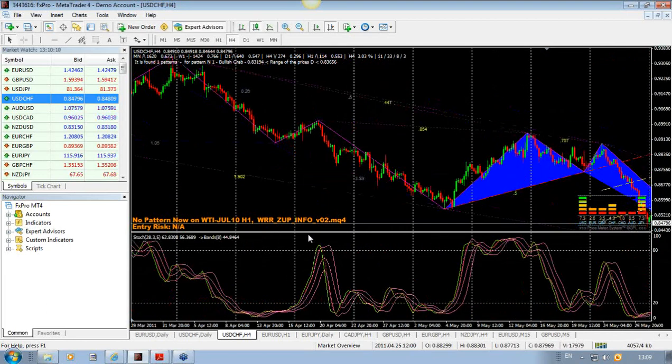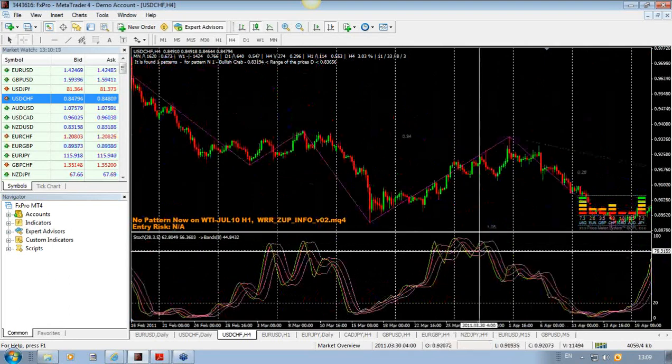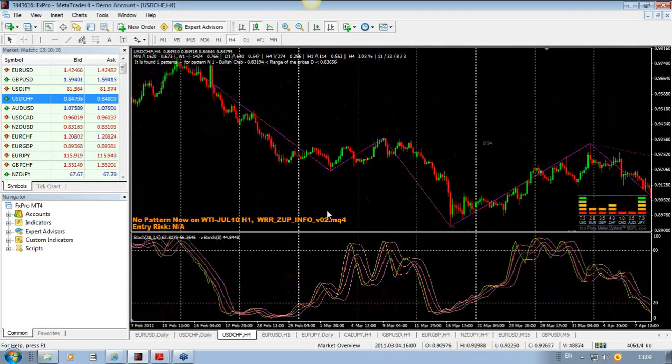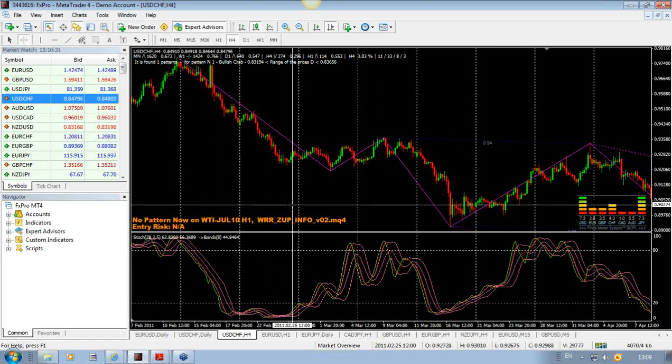Okay, we want it to be in 1, 2, 3. That's what he wants to take. Very tight stop loss. First profit twice bigger than the stop loss.